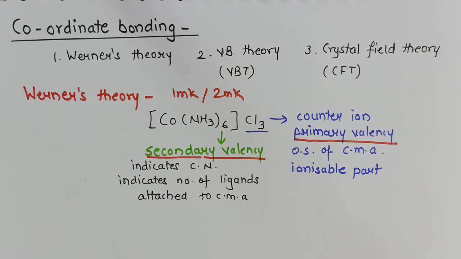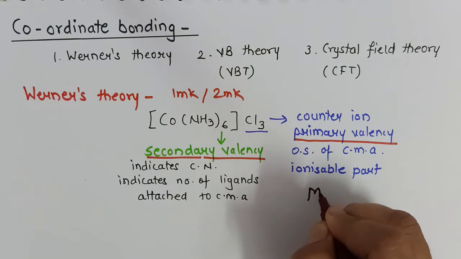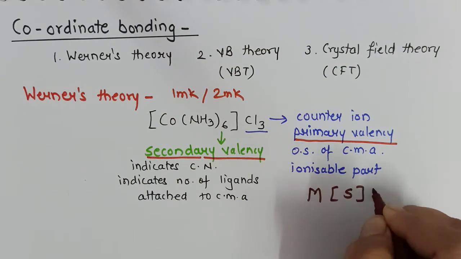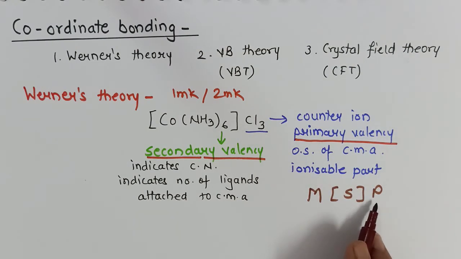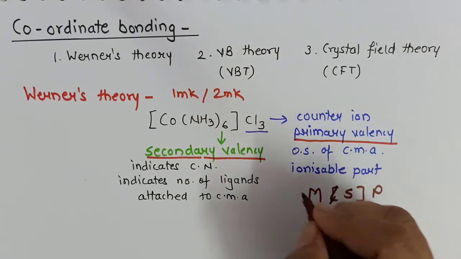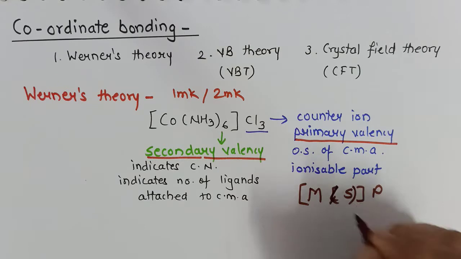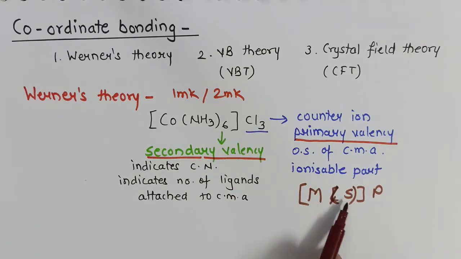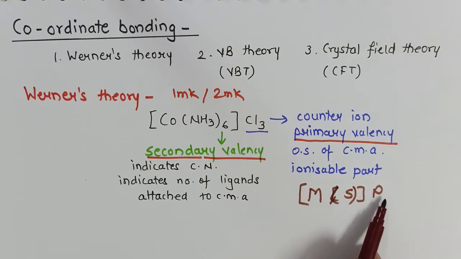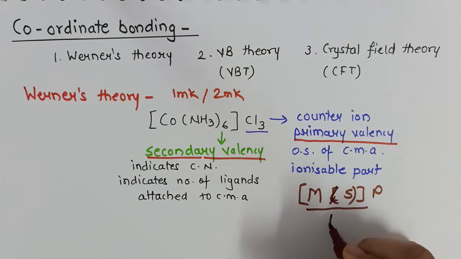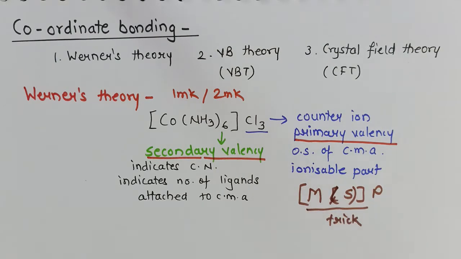Simply remember this: MSP. P is always outside, S is always inside. So the inside one is the secondary valency and the outside is the primary valency. This is a trick to remember which number indicates primary and which indicates secondary valency.